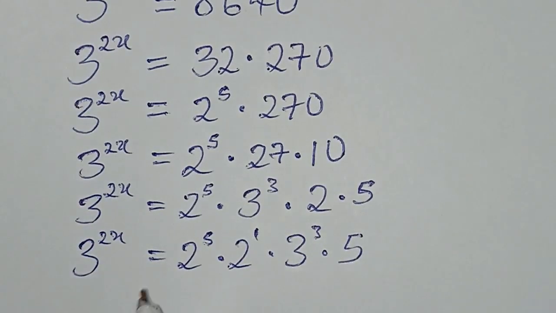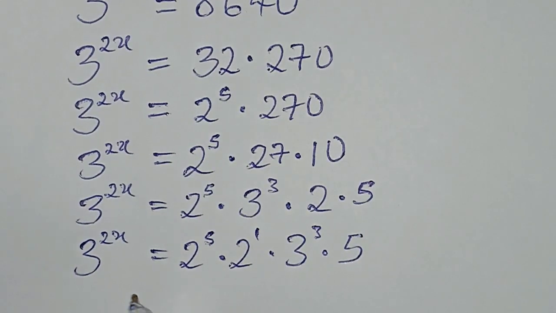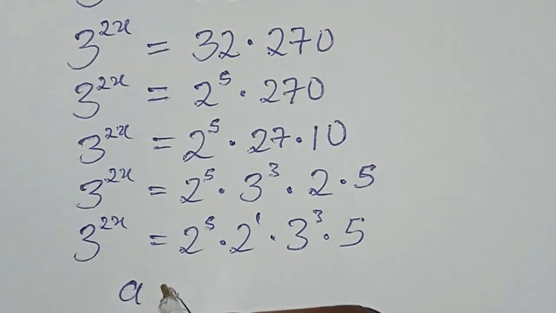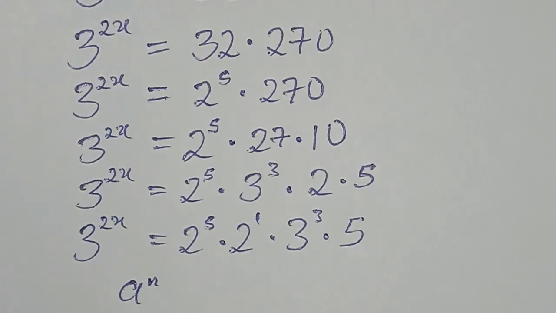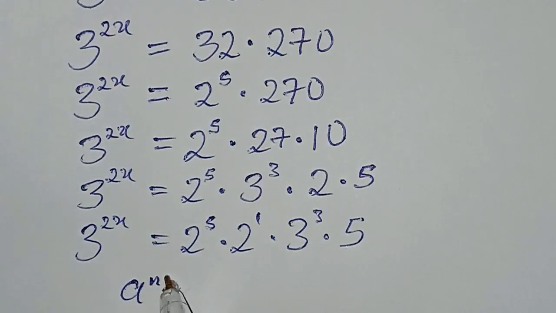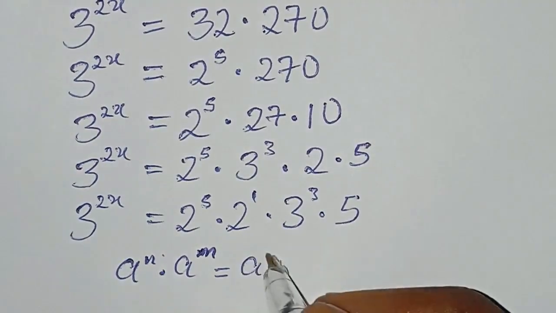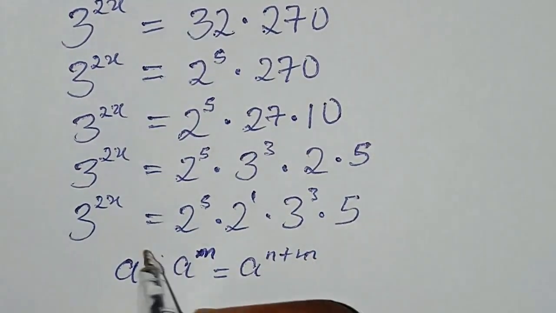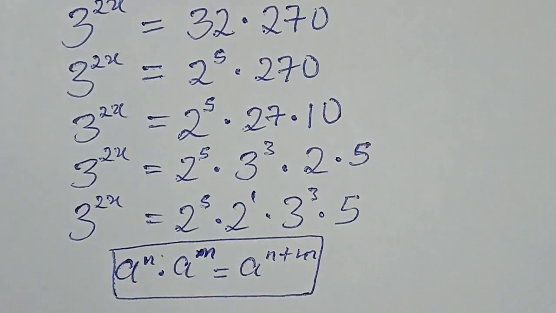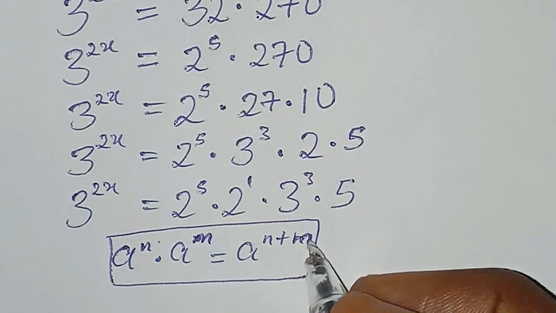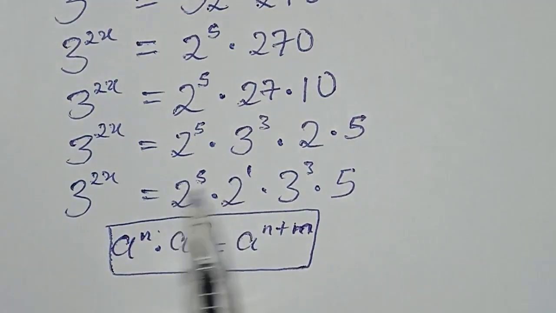Then considering our exponential identity, which implies if you have a^n multiplied by a^m, you can write it as a^(n+m), adding the exponents.